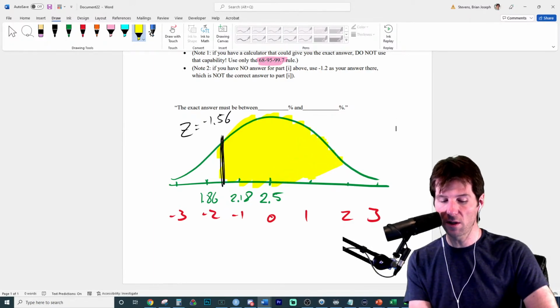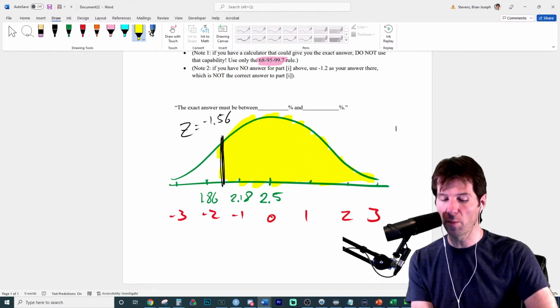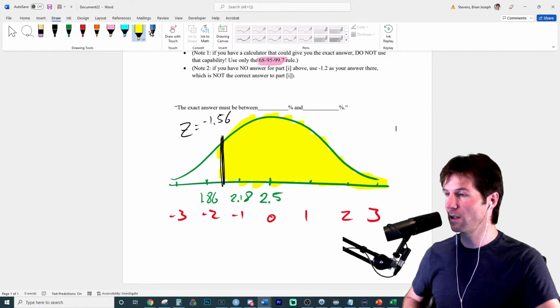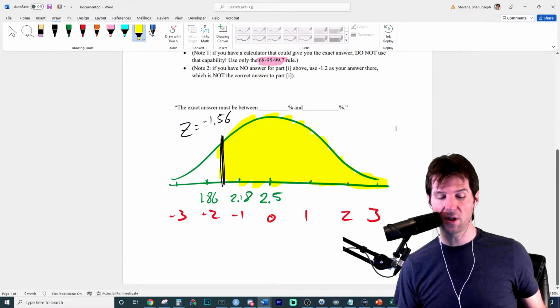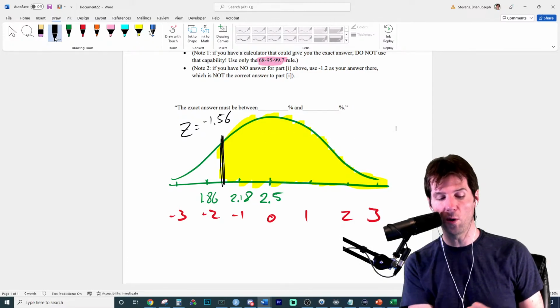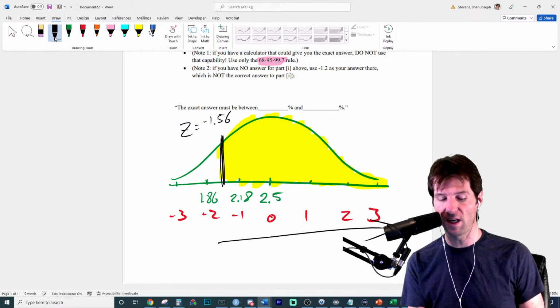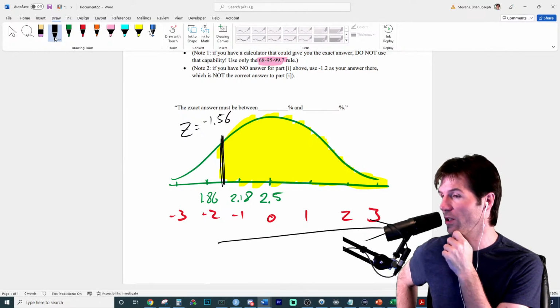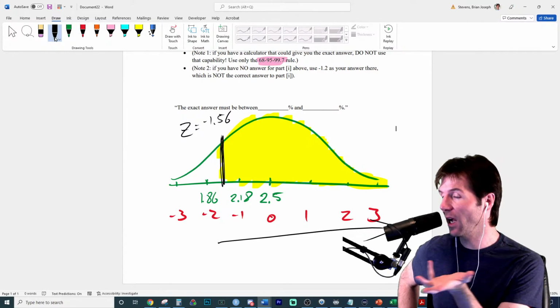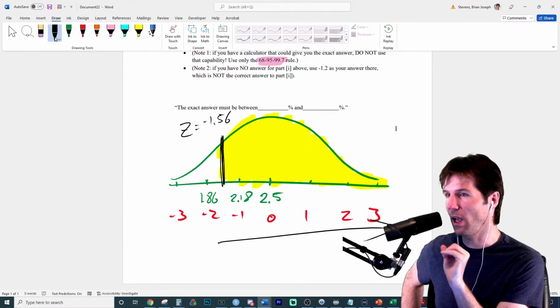Does that look like 1% of the curve I'm shading, 2%, 100%, 50%? Just come up with some logical guesses, because it says what percent are expected to last more than 2. So it wants to the right of 2. It says more than 2. So logically, what would you guess? Just a guess.